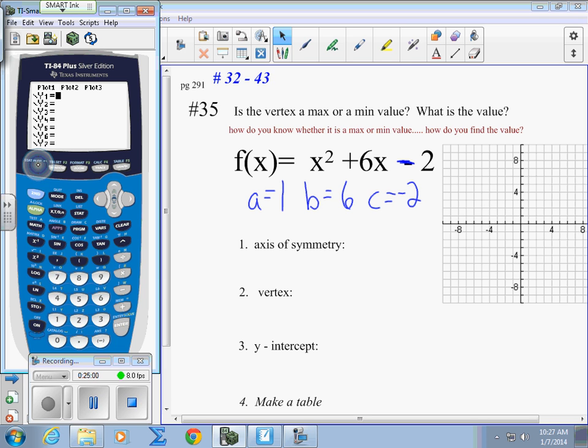And I'm going to go to Y equals. Plug in the function x squared plus 6x minus 2.